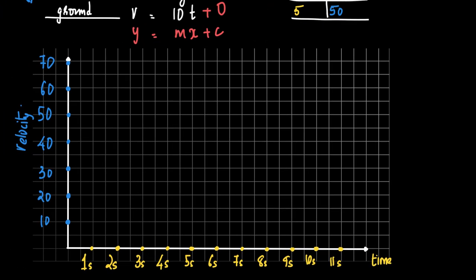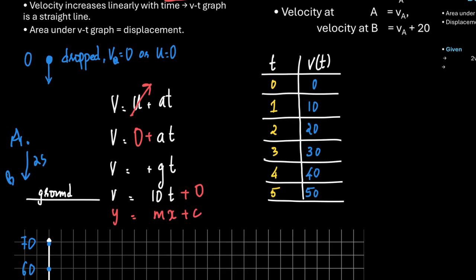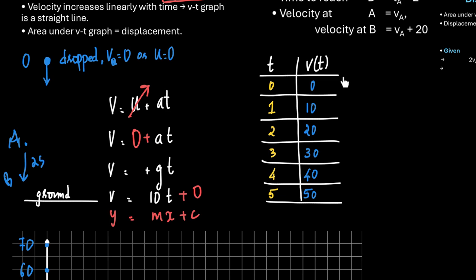So first let us plot a graph where y is velocity and x is time. 1 second, 2 seconds, 3 seconds, and the corresponding velocities are given here. Now, using this table, can we plot the graph now?